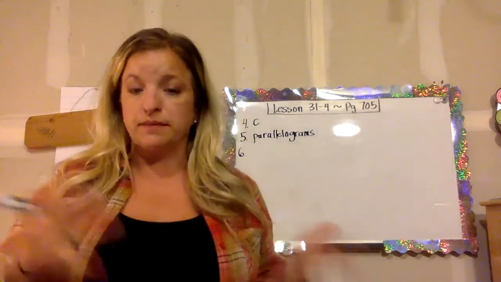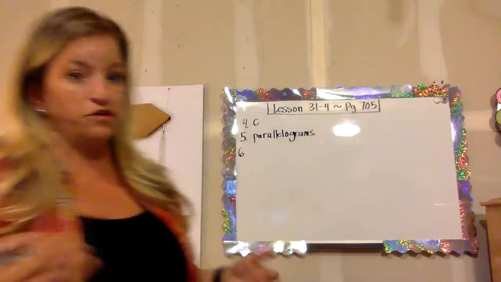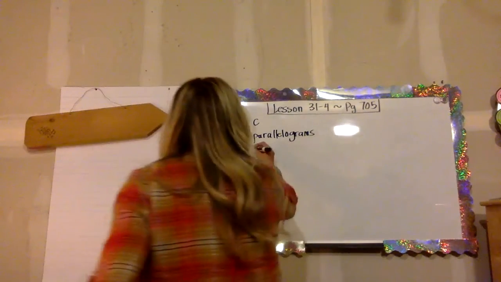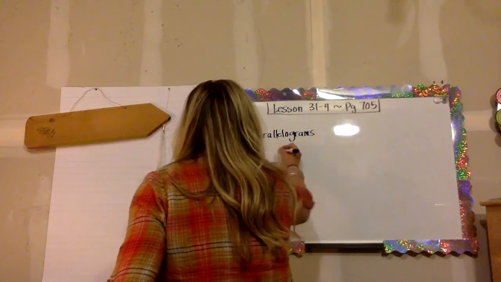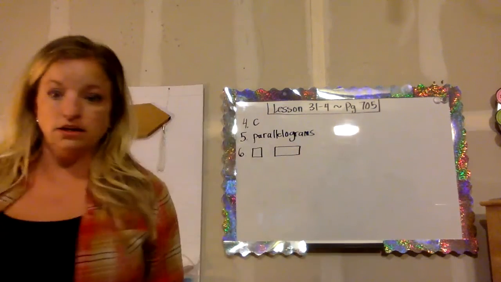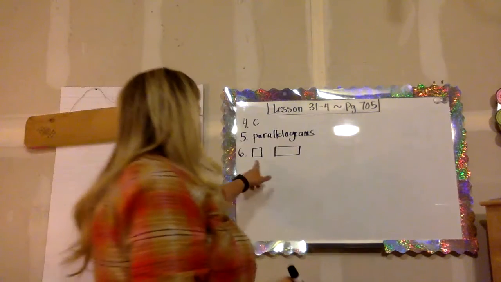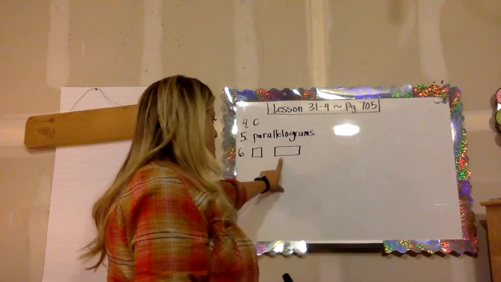A square is a parallelogram. So the only 2 shapes you could draw are a square or a rectangle. And the reason why is because a square is a rectangle.